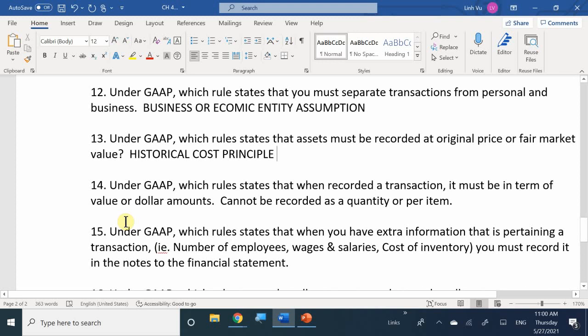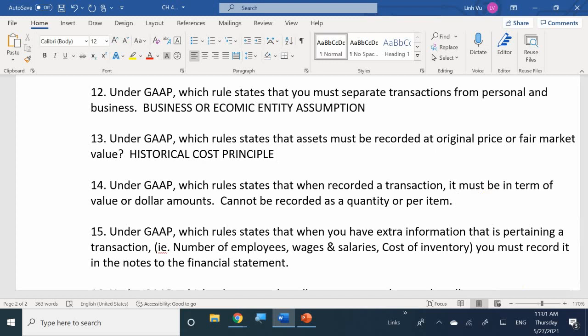Number 14, okay, under GAAP, which rule states that when recording a transaction, it must be in terms of value or dollar amounts, okay? Cannot record as a quantity or a per item. What rule states that?